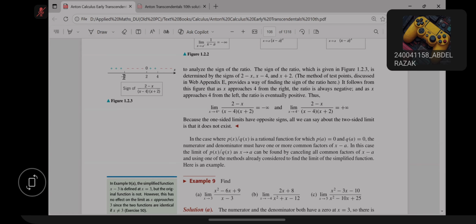Okay. For the first partition, which is from -infinity to -2, you can arbitrarily choose any value of x which lies in the domain -infinity to -2.